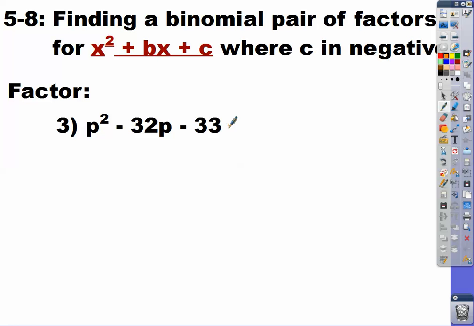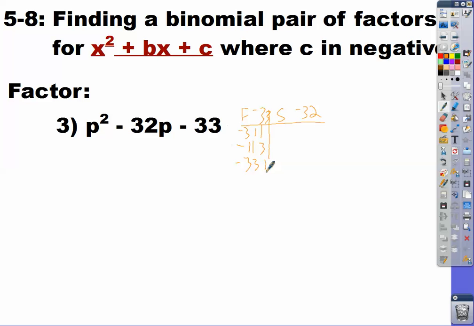So what I did for this problem was a factor and sum table. And we want to factor negative 33, and our sum would be negative 32. And so what we did was we found factors of negative 33. So we had negative 3 and 11, negative 11 and 3, and then finally negative 33 and 1.